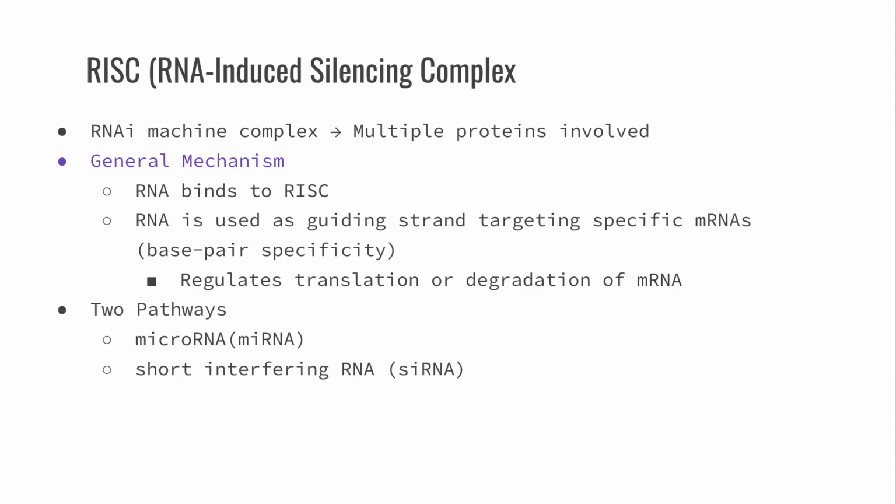And then by recognizing the base pair sequences on mRNA, it can regulate translation or degradation of those mRNA strands that the miRNA recognizes. So two pathways that this takes place is through miRNA and siRNA.